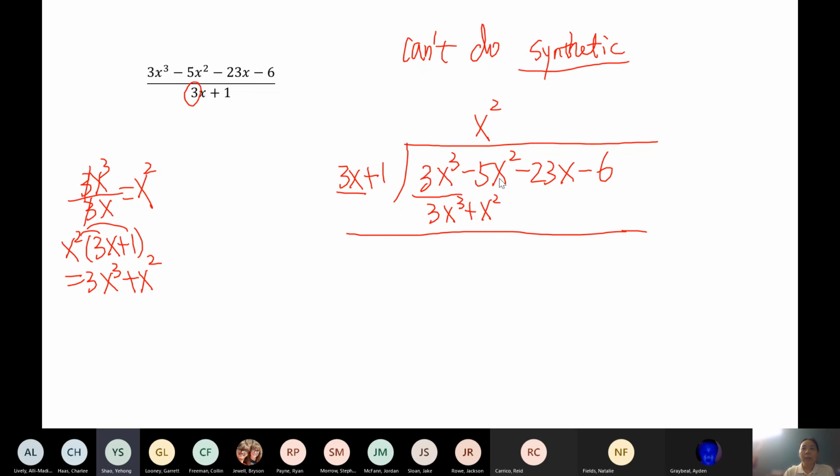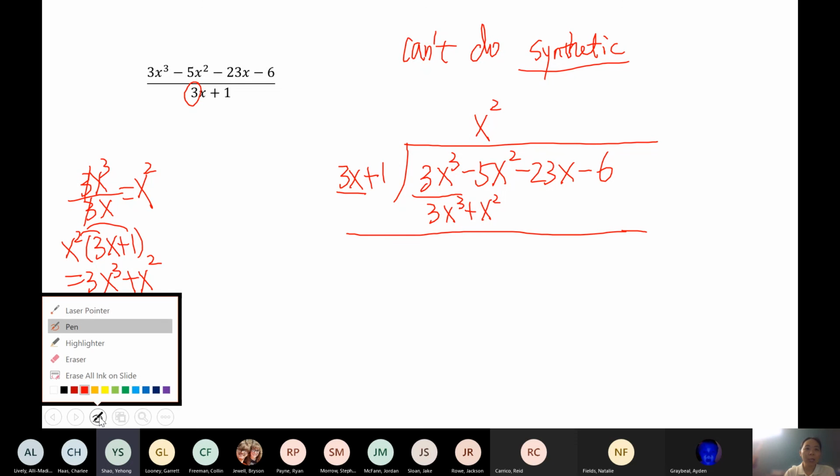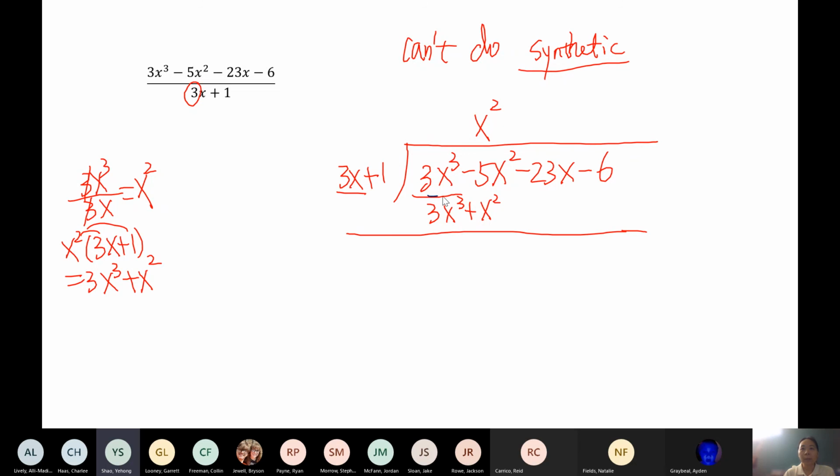Okay. Now subtraction. And I need you to write down your answer in the chat box. You're going to do minus here and minus here. So it's -5 minus +1.